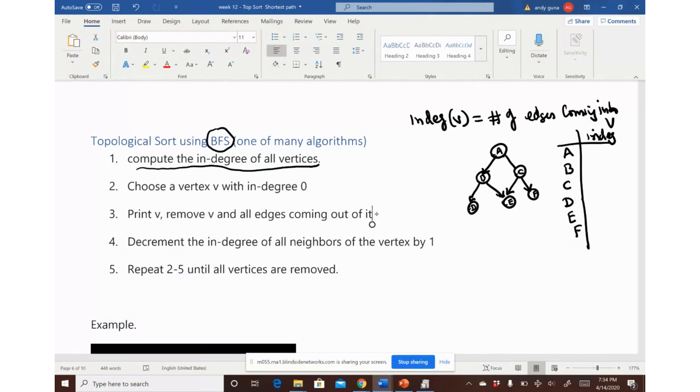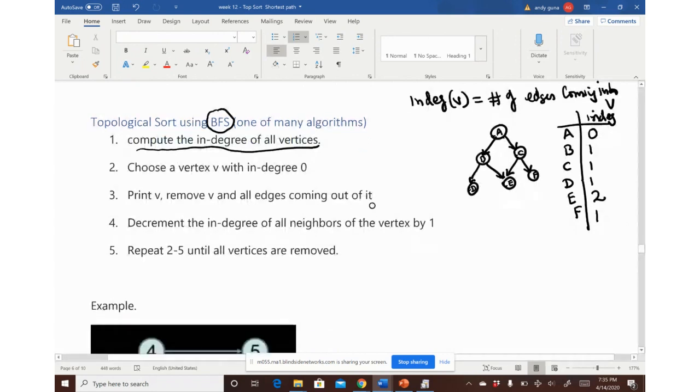The answer is 0. How many edges are coming into B? The answer is 1. C? The answer is 1. D? The answer is 1. E? The answer is 2. And F? The answer is 1. Someone correctly found it. Good, John did a good job there. So that's the correct in degree for each one.